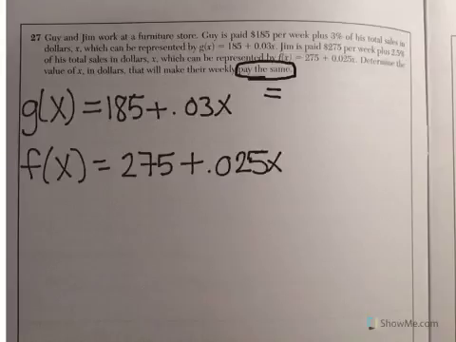So we're saying, where are these equal? Well, we can set them equal to each other because g of x is really just a y value, and f of x is really just y.